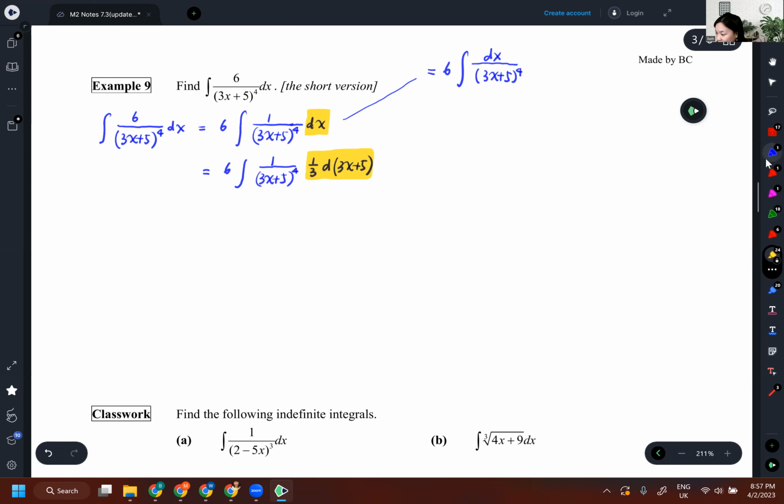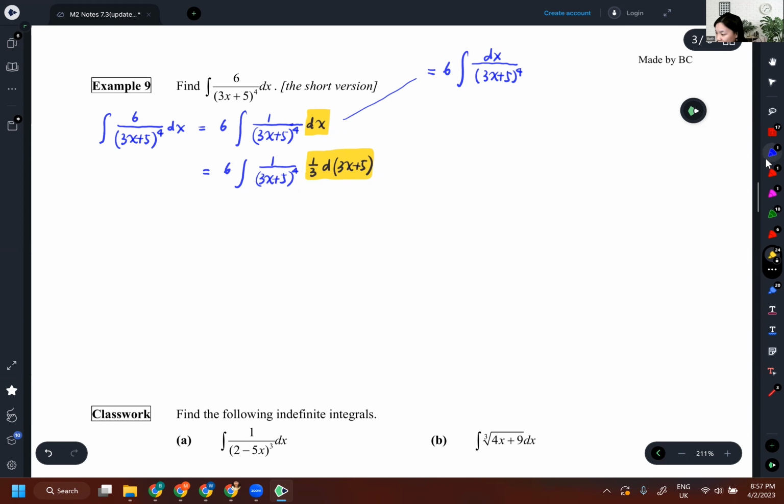And that is something to the power negative 4 d something. Now this is not x anymore. This is u to the power negative 4 du. Now the variable has changed, but I don't use it.